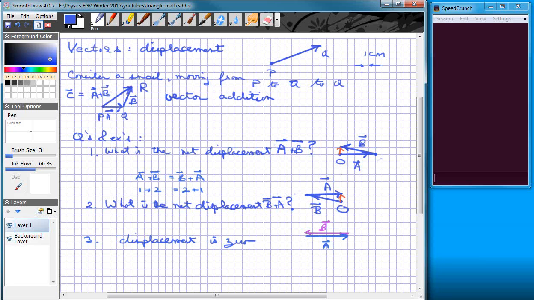So the snail went 1, 2, 3, 4, 5, 6 centimeters due east, and then went 6 centimeters due west, and came back to where it started, and there was no net displacement.